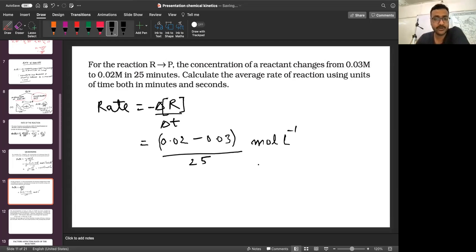Units are very important in this chapter. In the successive classes, we'll be solving questions based on units only. When we talk about the rate constant, we'll be talking about units only. So you have to pay very much attention towards the units. Okay, mole liter inverse, it will be minute inverse.